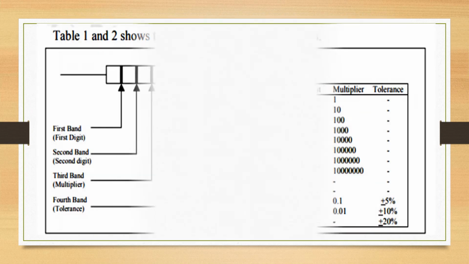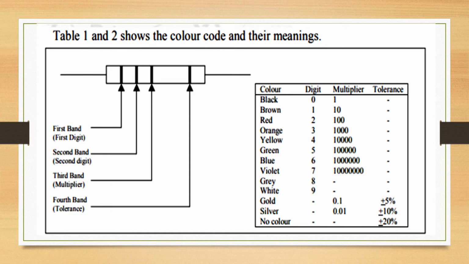Now, for this example, we have the first band, the second band, the third band, and the fourth band is the tolerance, because there are only four lines. So, for black, 0.